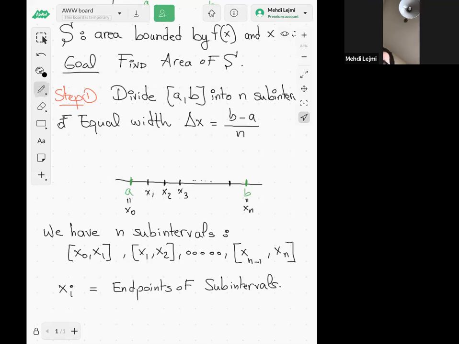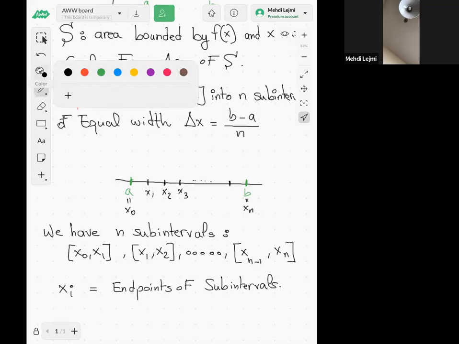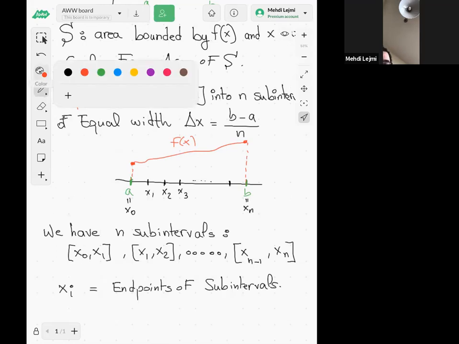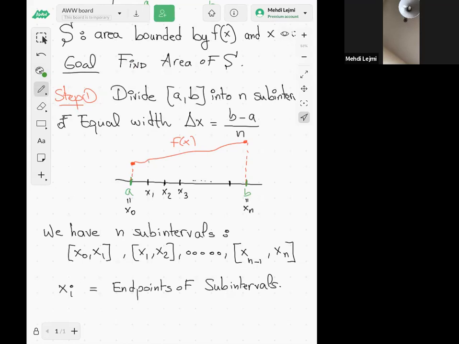Now I have my function f. Here is my function f of x. Because I have n subintervals, we're going to have n subregions. The first subregion would be this one here. Let's call it S1.